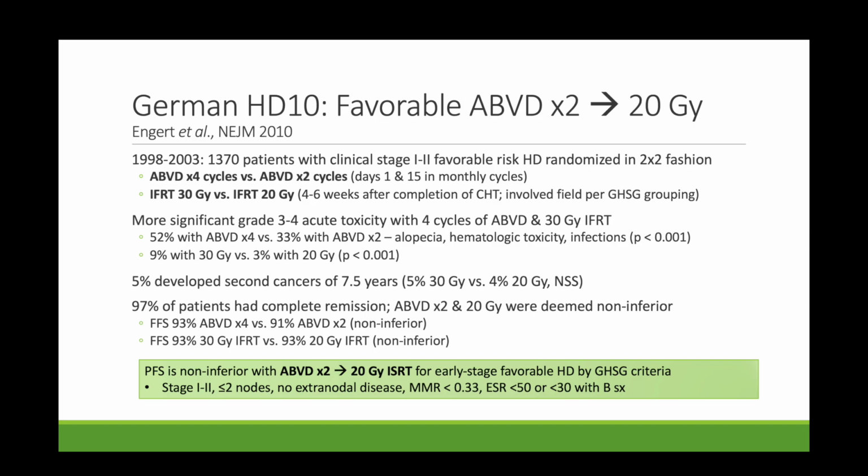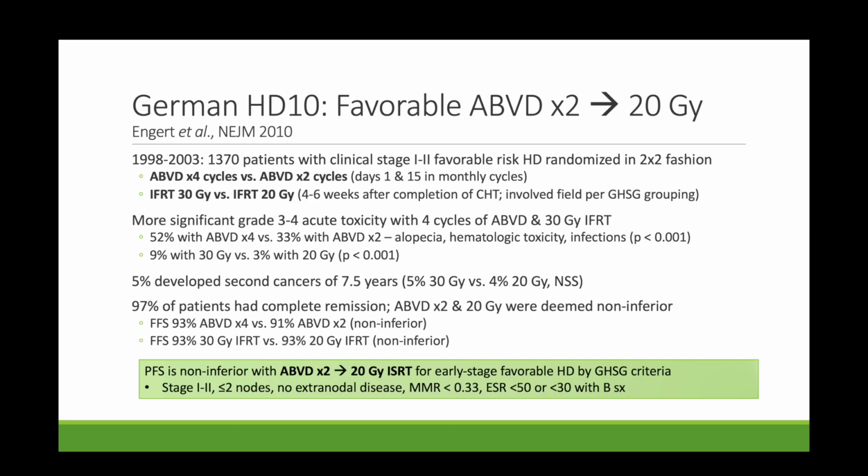As you can imagine, the results showed more significant grade 3 to 4 acute toxicity when patients had more cycles of chemotherapy and when they had a higher dose of radiation. So the toxicity was just significantly worse the more chemotherapy you gave, as well as the more radiation that you gave.